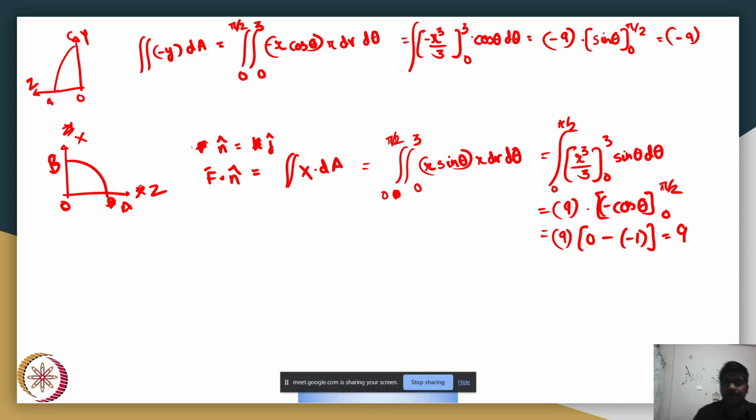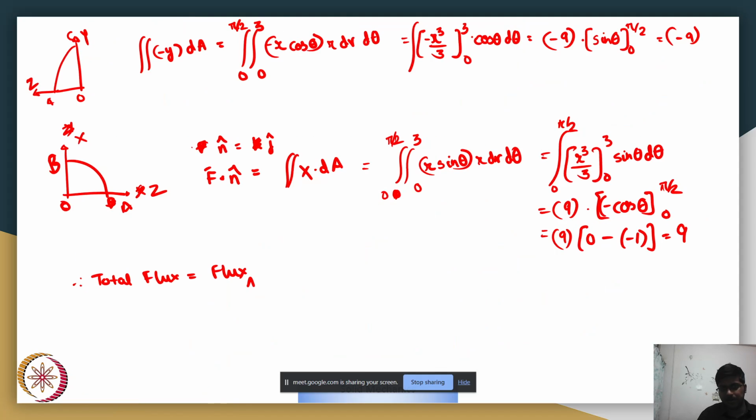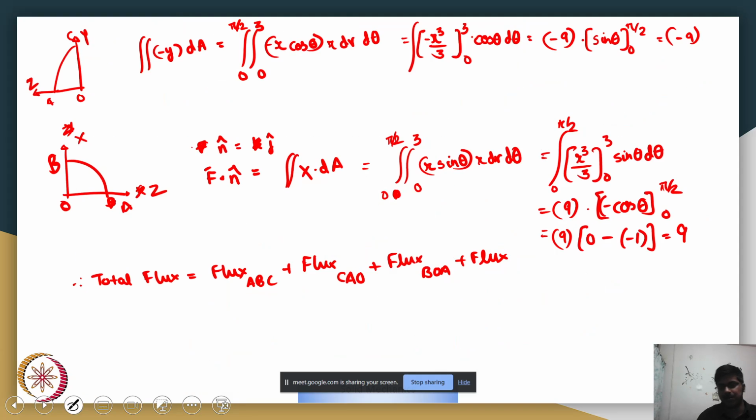So it's 9. Therefore, my total flux equals flux over ABC plus flux over CAO plus flux over POA plus flux over POC.